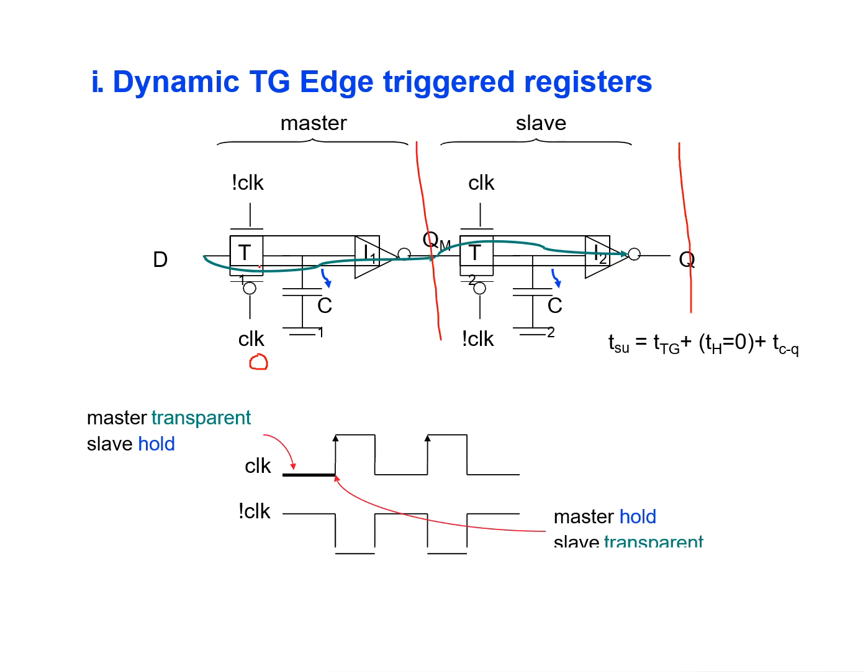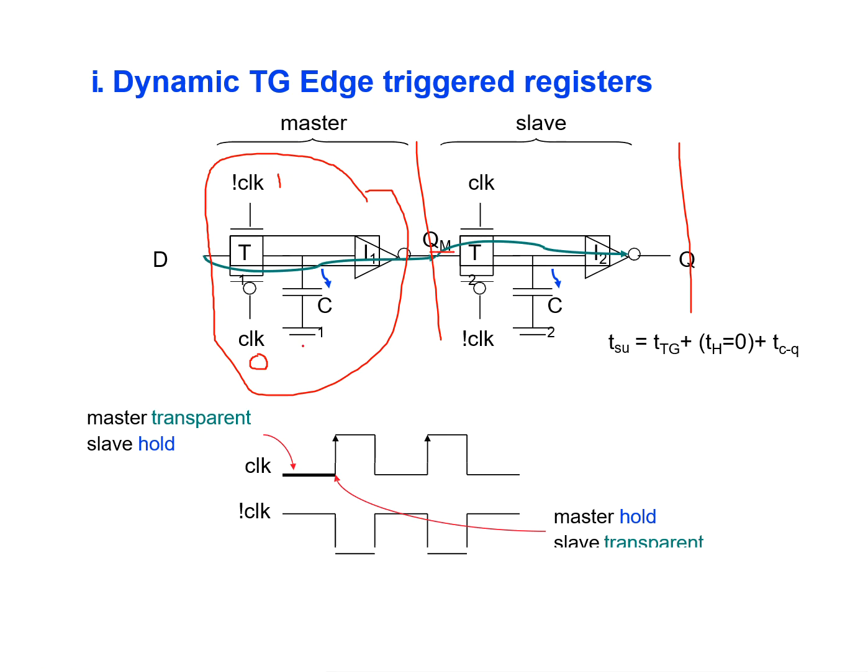The output of this transmission gate is connected to an inverter, and similarly the output of the second transmission gate is connected to an inverter too. Now I give my clock as 0, which means your clock bar is 1, which makes the master to be in on condition. Now the master is providing its response, and hence we are getting the output QM.